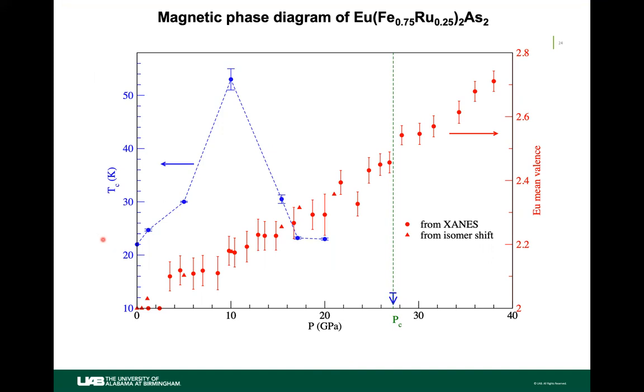So here we also want to measure the superconducting regime to see how these compete or interact with each other. But it's interesting to see whether it's a similar tetragonal to collapsed tetragonal transition, but we haven't done that yet.